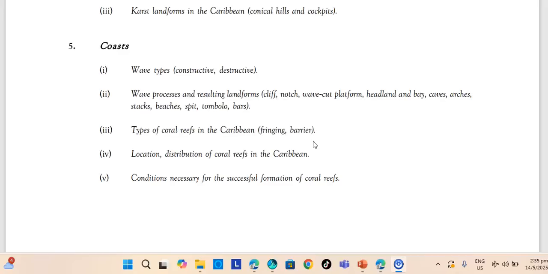Now, what are the conditions that are necessary for coral reef formation? Coral reefs need very specific conditions to grow and survive. One condition is warm water, 24 to 28 degrees Celsius.